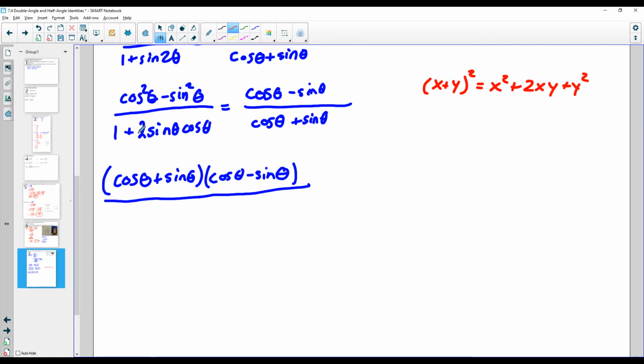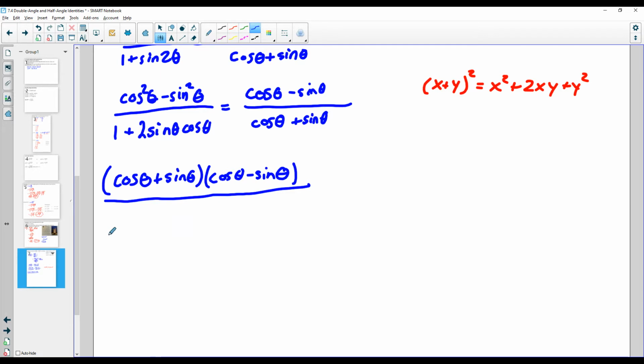And I'm seeing 2xy right here. That's what's in my head. I'm seeing 2 times something times something, 2 times something times something. And we know something about 1. Isn't 1 sine squared plus cosine squared? Sine squared, sine, cosine. Maybe we're starting to see that a little bit.